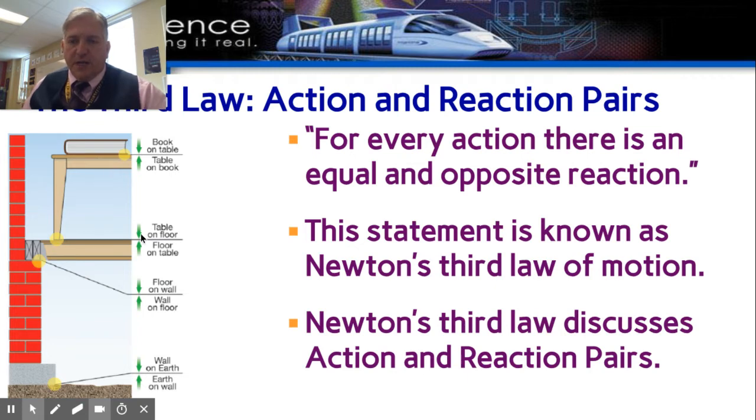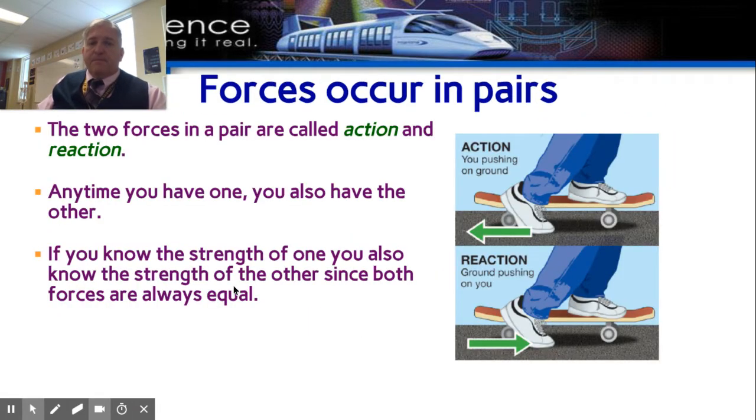There's pressure from the table on the floor, which is exerting force back, and you can just go down this entire list and see how things go. The two forces are in a pair, and they're called action-reaction. So if you have one, you have the other. And if you know the strength of one, you know the strength of the other since they're equal. So if it had a strength of 10, then the reaction force also has a strength of 10.